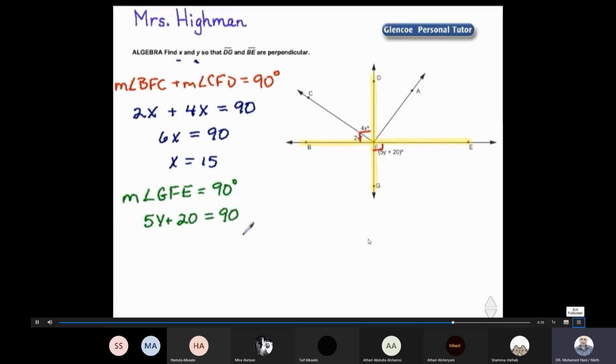So that needs to equal 90. So first we will subtract 20 from both sides of our equation. So that leaves us 5y is equal to 70. And if we divide both sides of the equation by 5, we get y is equal to 14. So x is 15, y is 14.